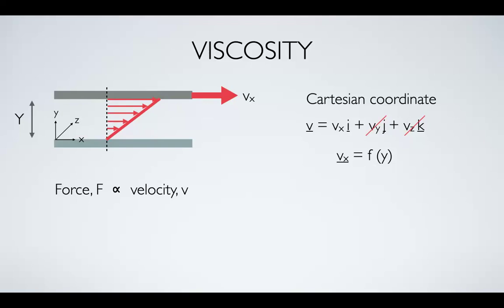Is that right? Because you have a larger plate. And if you apply the same force, the force applied to the whole large area is going to be small compared to the smaller plate. So in this case, I'm going to use not just the force, but force divided by area as well. So it's proportional to velocity.